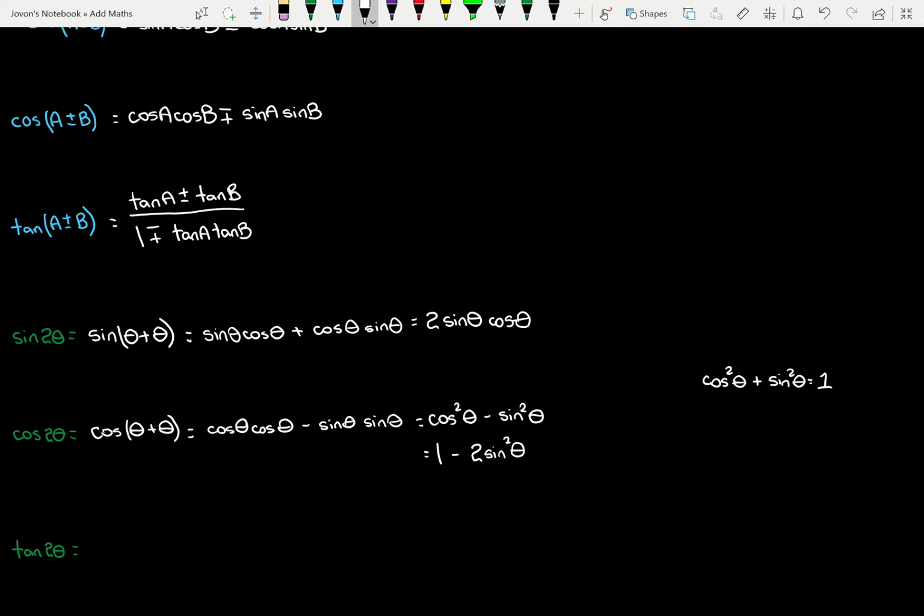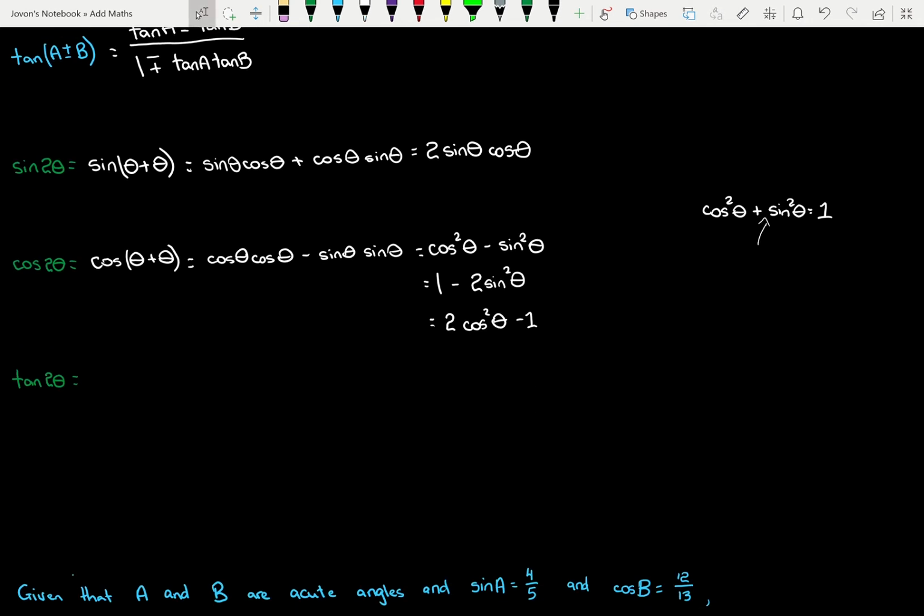Now, if we make sine squared theta the subject of the formula and substitute that into the equation, we'll also get 2 cosine squared theta minus 1. Now these three are all important and you need to know all three, because they tend to come up a lot and depending on the situation you need to know which one to use.